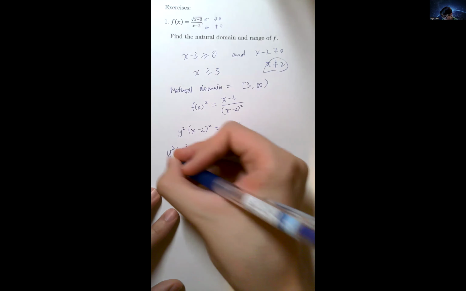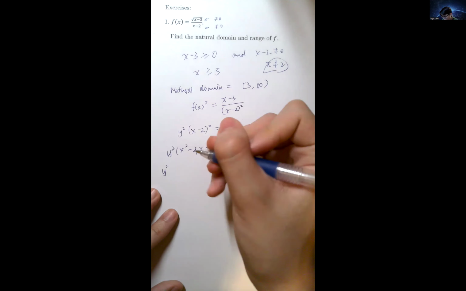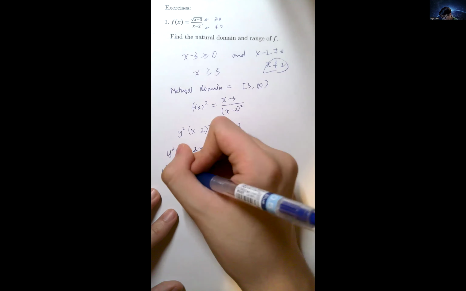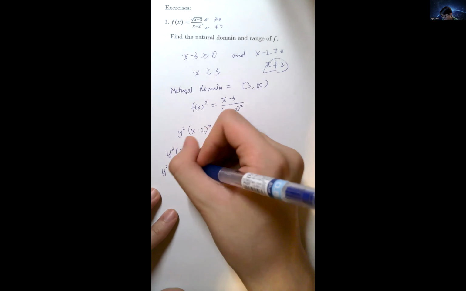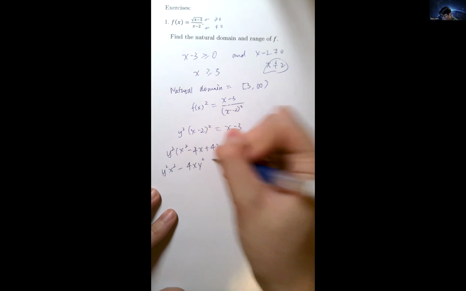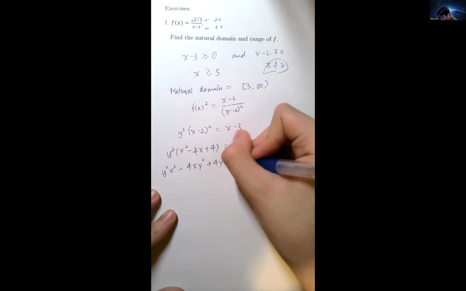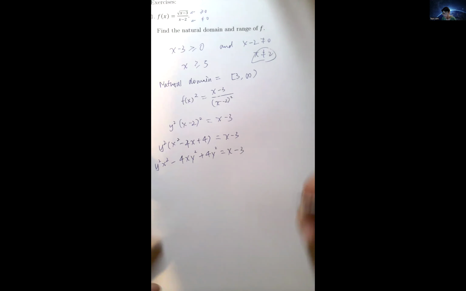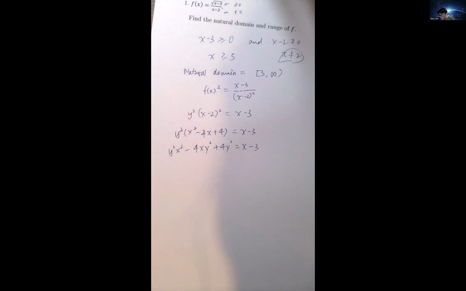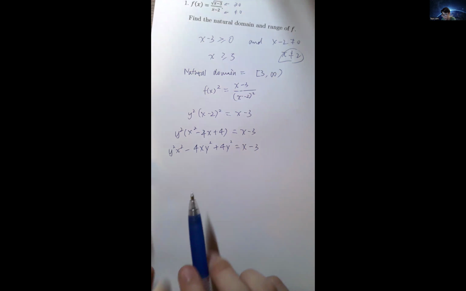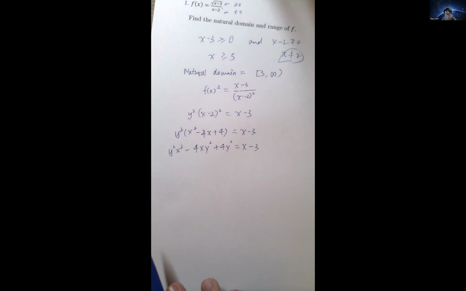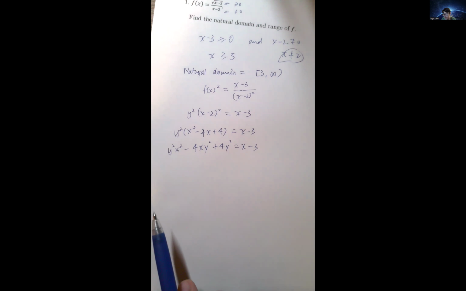So we get y squared x squared minus 4x y squared plus 4y squared equals x minus 3. We would like to have the range of f, so that means we need to solve for an inequality in y. So what can you think of at this point? Okay, it's the quadratic equation.